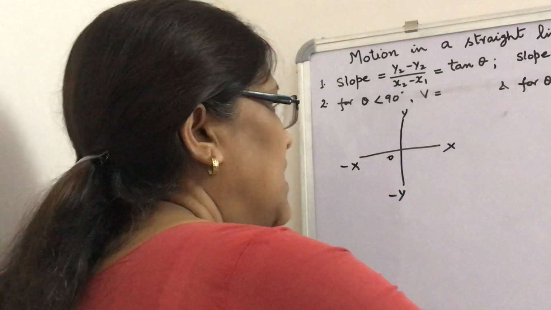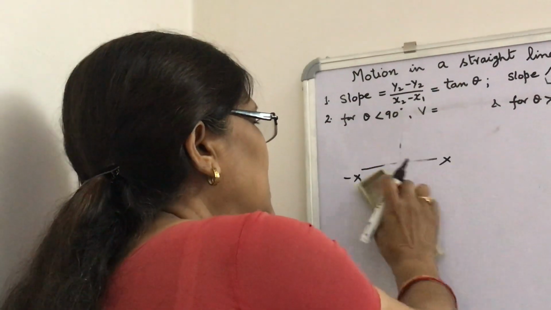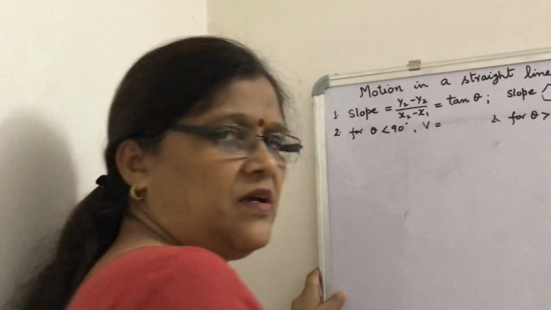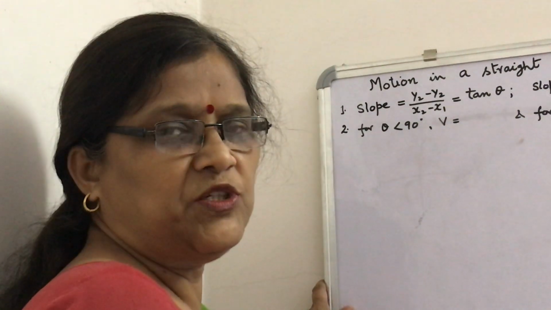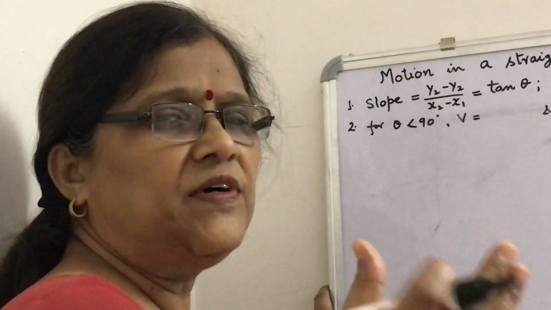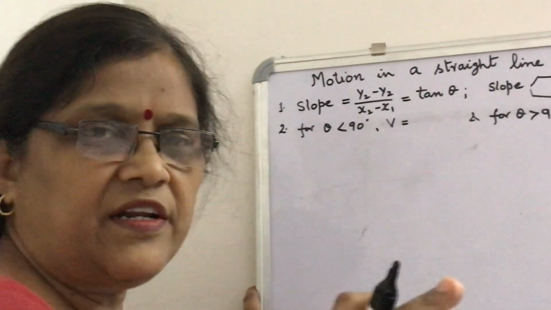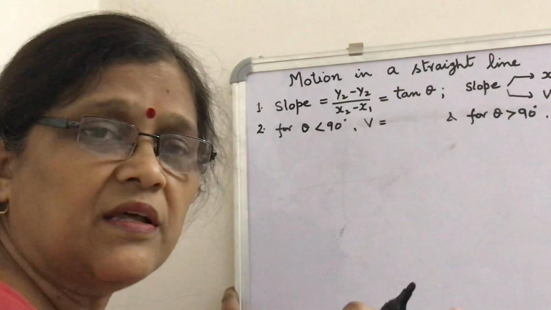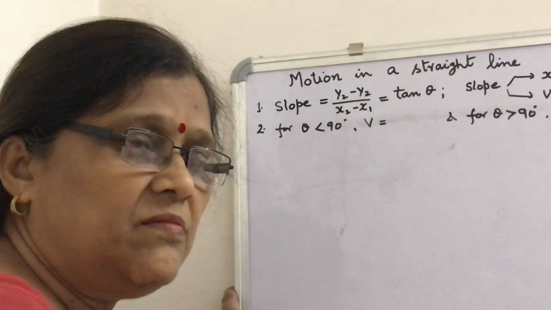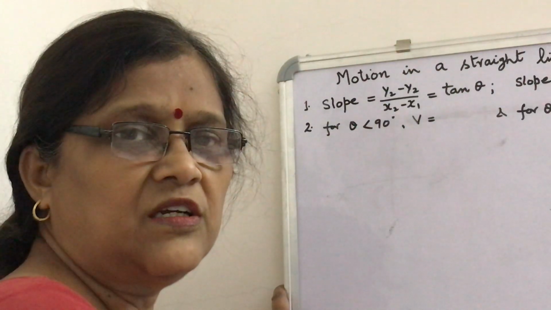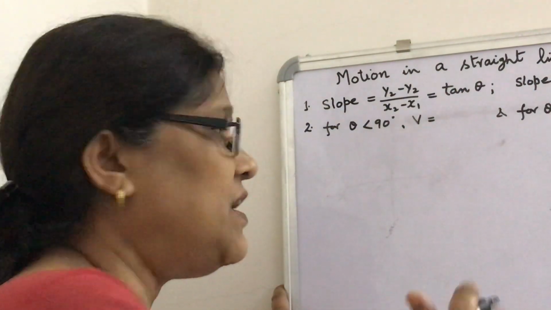So, let us start. Suppose there is an object whose position-time graph you have to draw as per the situation. The first situation is that the object is stationary, at rest. What does it mean? As time passes, its position doesn't change. How will you show it graphically?